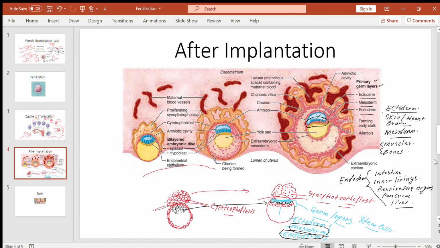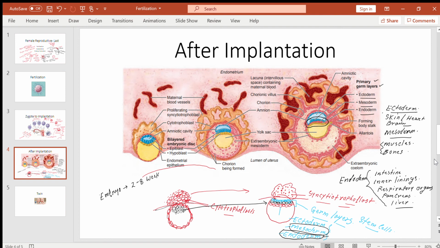Okay, and just know that embryo is used to indicate the post-gestation developmental period, a very early stage, from 2 weeks to 8 weeks.